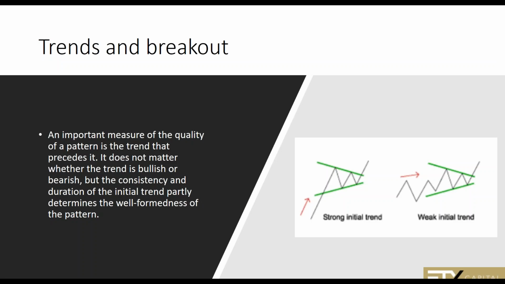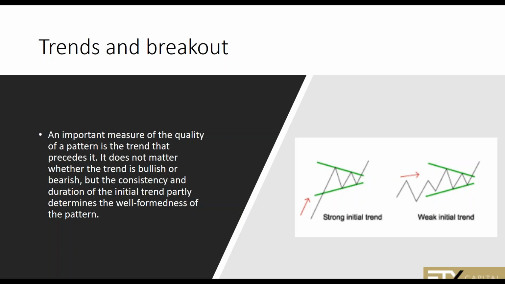Now, an important measure of the quality of the pattern is the trend that precedes it. You cannot just simply look and see, oh, there's a triangle, I'm going to make a decision. Understanding the quality of the trend is important, because if the price trend is about to be broken, but it was a very erratic trend and all over the place, it's not going to have much of a response.